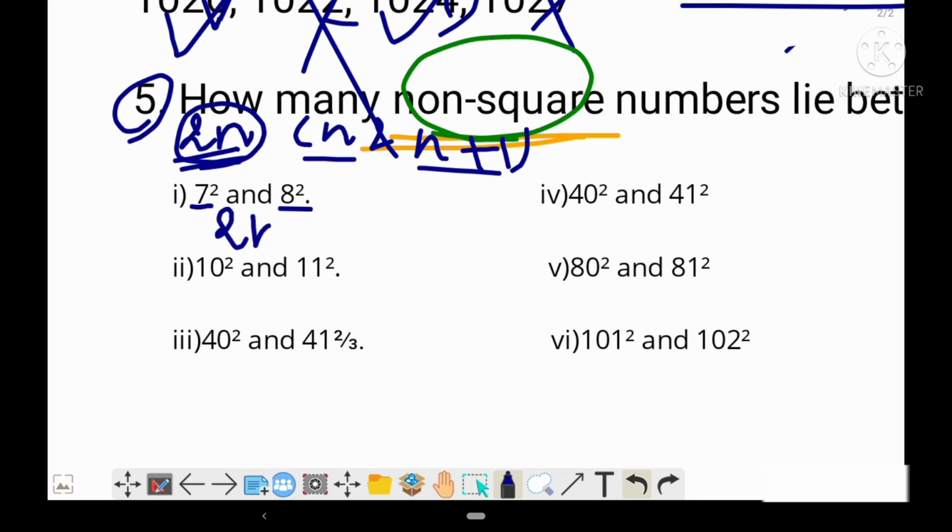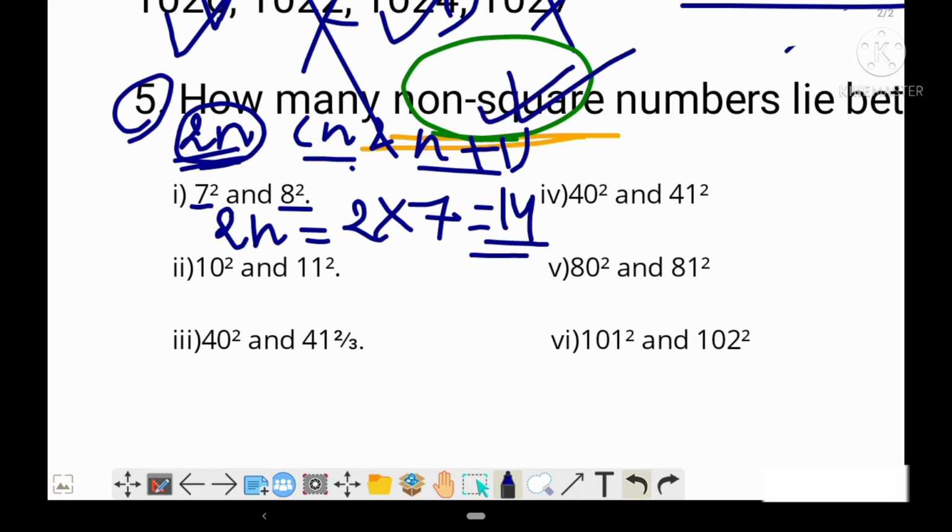So 2n means 2 into 7, because 7 is the number n and 8 is n plus 1. So 2 into 7 means 14. 14 is your non-square number. So for the first sub-question, the answer is 14 non-square numbers, by multiplying the first number by 2. Always we will get the non-square numbers by this formula 2n.